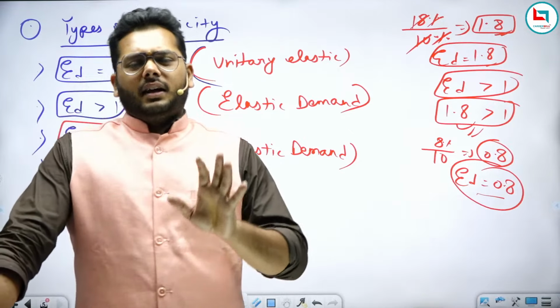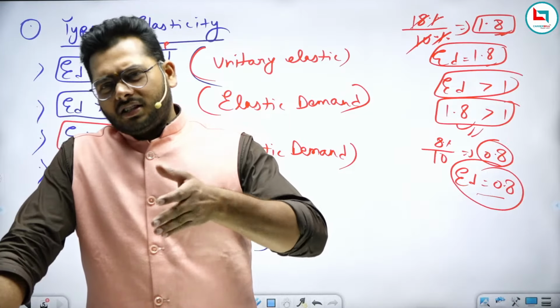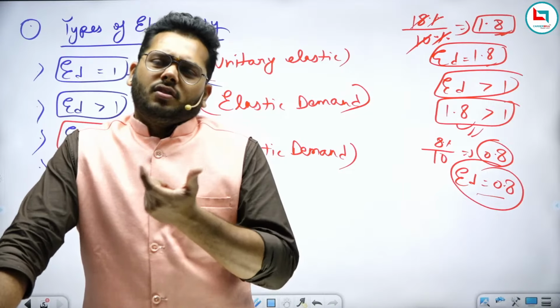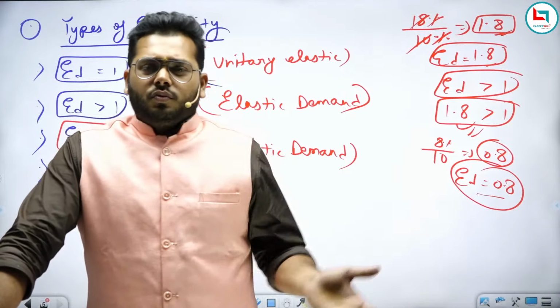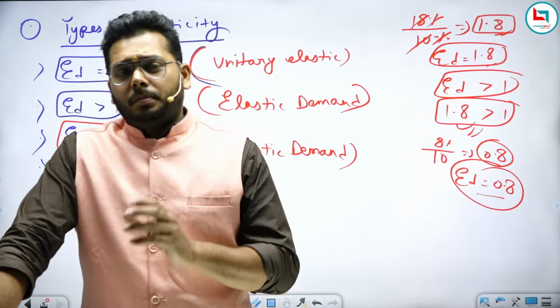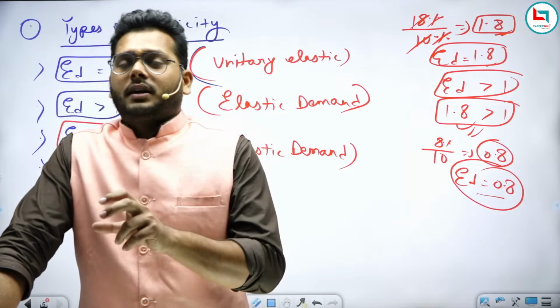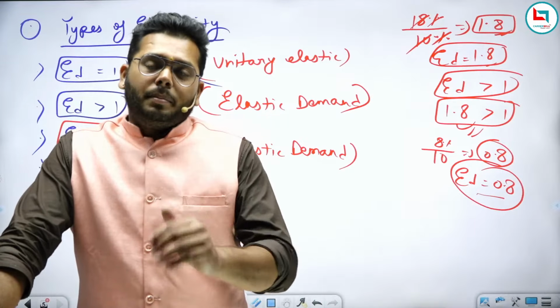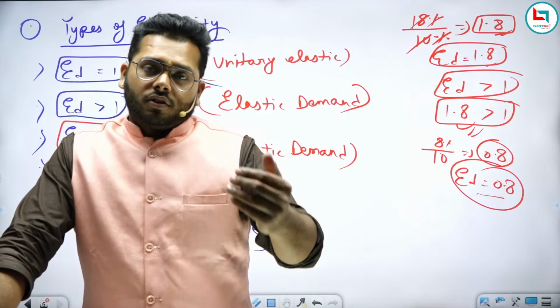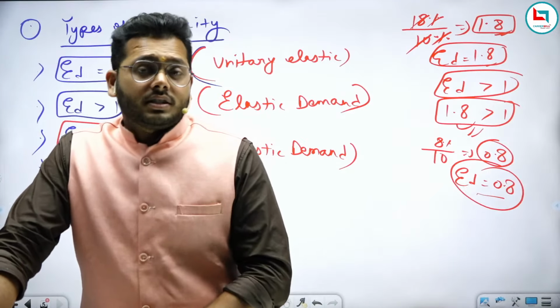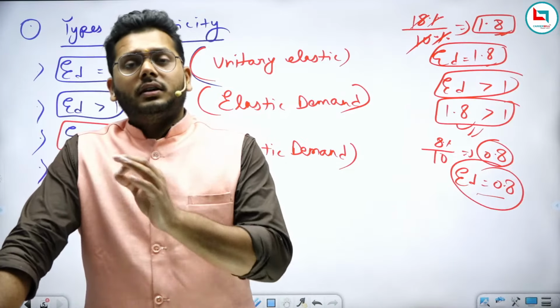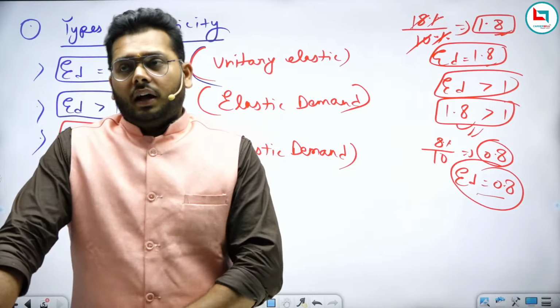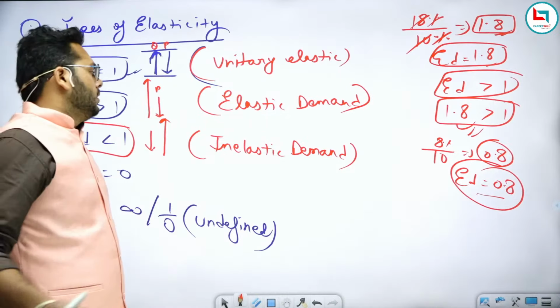Okay, I will buy again, just reduced by only half a kg or 1 kg from what you were demanding earlier. So the percentage change in the quantity demanded is less comparatively in respect of price. So this is called inelastic demand. Am I clear?